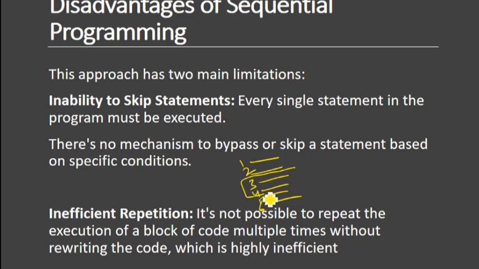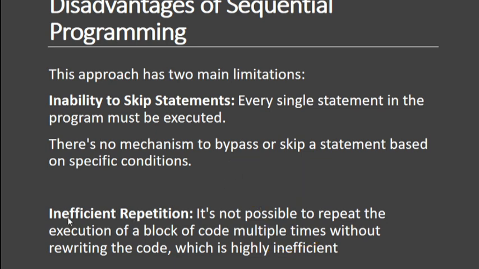Based on a condition, whether it is true or false, I don't want to execute the 3rd and 4th instructions. I would like to skip these instructions and only execute 1, 2, and 5, up to 10. But it is not possible to skip. There is no mechanism to bypass or skip statements based on a specific condition.